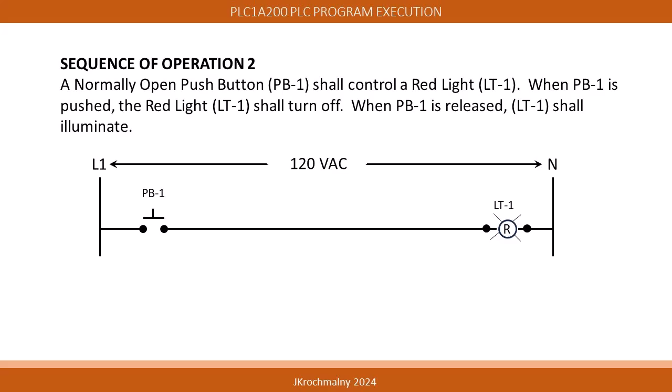Notice that the PB1 normally open push-button switch will, when pushed, cause the current to flow through itself and then cause the LT1 red light to illuminate. As designed, we can see that this specific diagram will not meet the intended sequence of operation. When PB1 is pushed, the LT1 red light will illuminate.